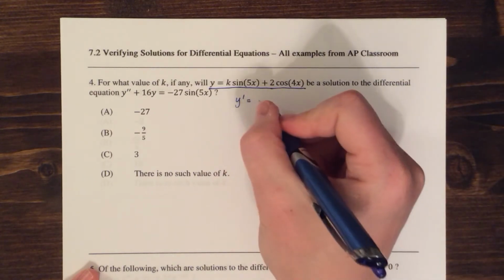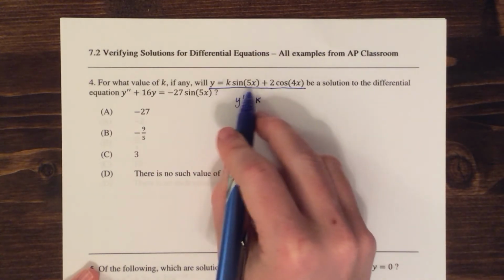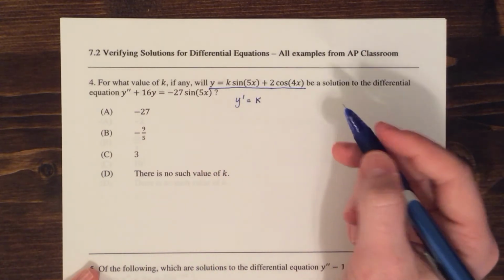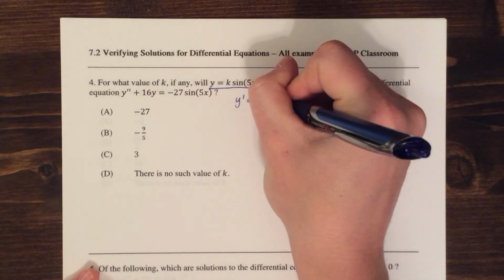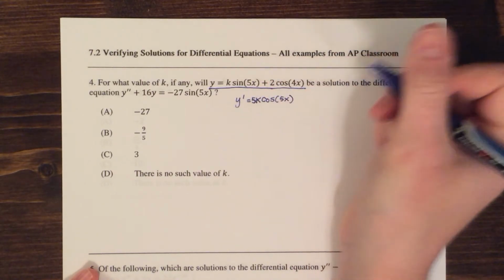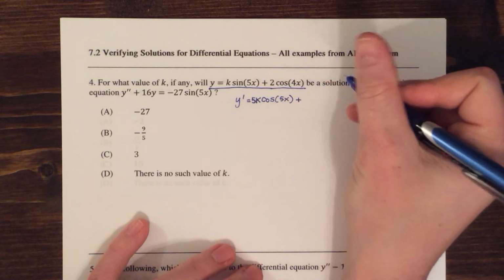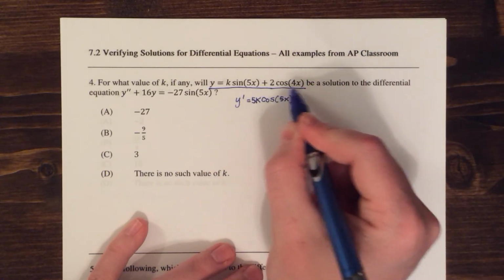So when we're taking the derivative here, we're going to have k. The derivative of sine 5x is going to be cosine 5x. But then you're also going to have to chain rule the 5. So we can say 5k cosine 5x plus, and then it's 2 times cosine of 4x.